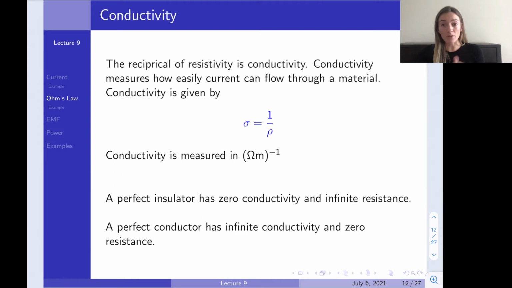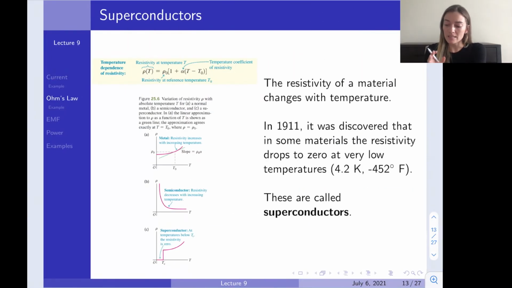Now, a perfect conductor will ideally let all of the charges move, so it has infinite conductivity and 0 resistance. You might think that these are just limiting cases and we can never get a perfect conductor, but something very interesting happens at low temperatures to certain materials.